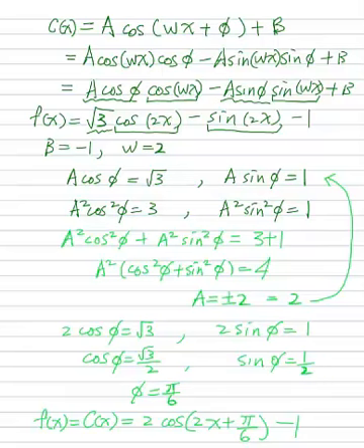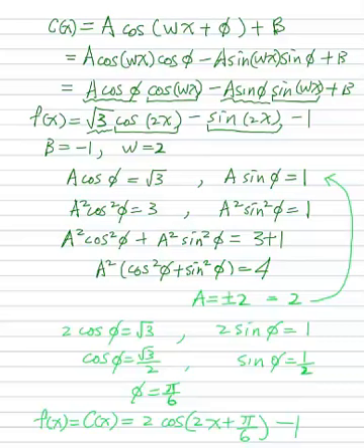We add the left side of both equations together, a squared cosine squared of phi plus a squared sine squared of phi, and then add the right side together, equals 3 plus 1. Pull out the common factor on the left: a squared times cosine squared phi plus sine squared phi equals 4.